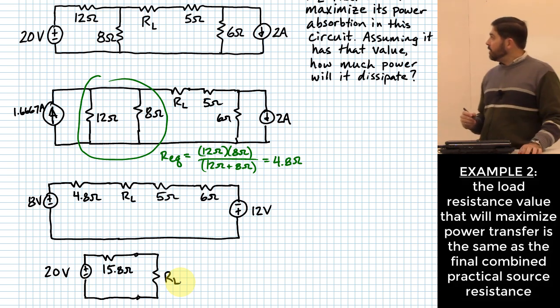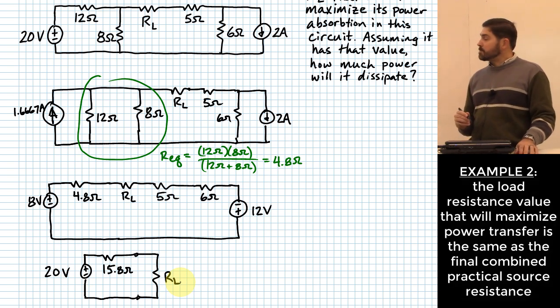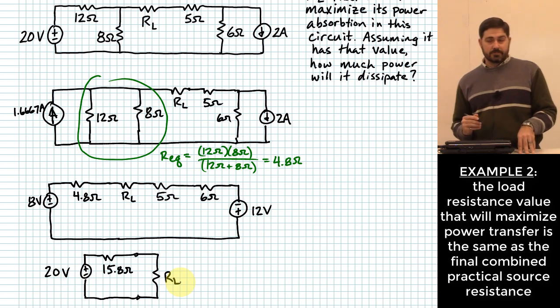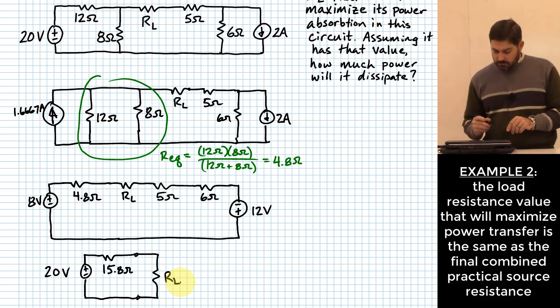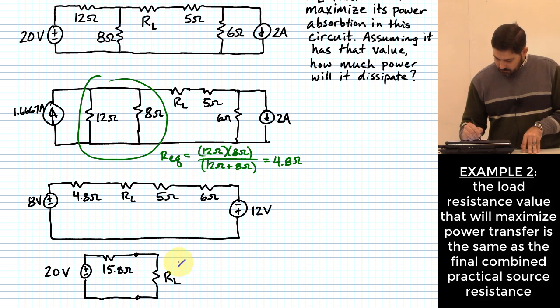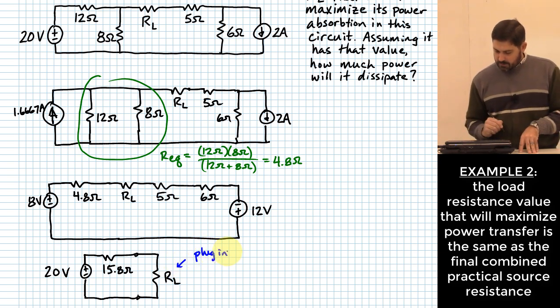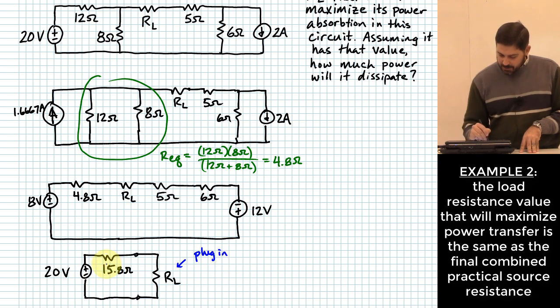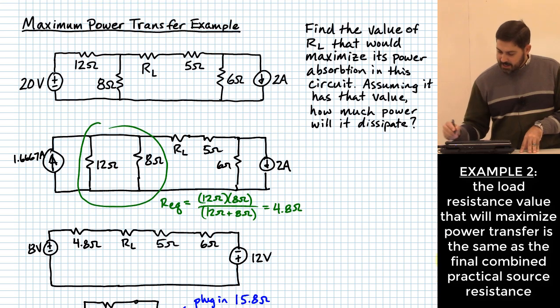What do I need to put in for my RL to maximize power delivery to RL? You plug in the same value you had for the source resistance, which was 15.8, which, by the way, 15.8 ohms is the answer to the first part of the question.